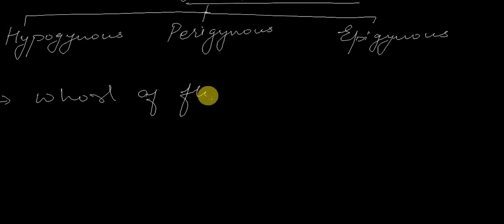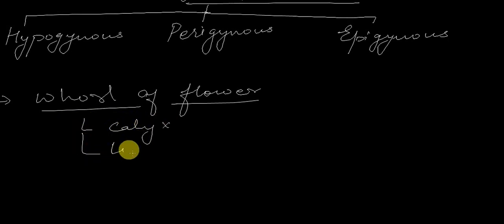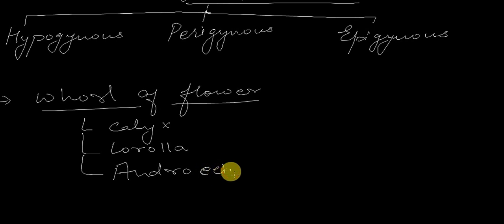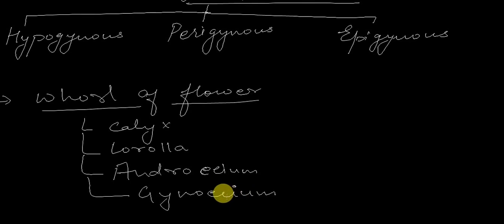After these types, you would be dealing with the whorls of flowers. Whorl means the layers. The flower has different layers. The first whorl is calyx, then corolla, then androecium, and then gynoecium. Under the gynoecium you are supposed to read about placentation.